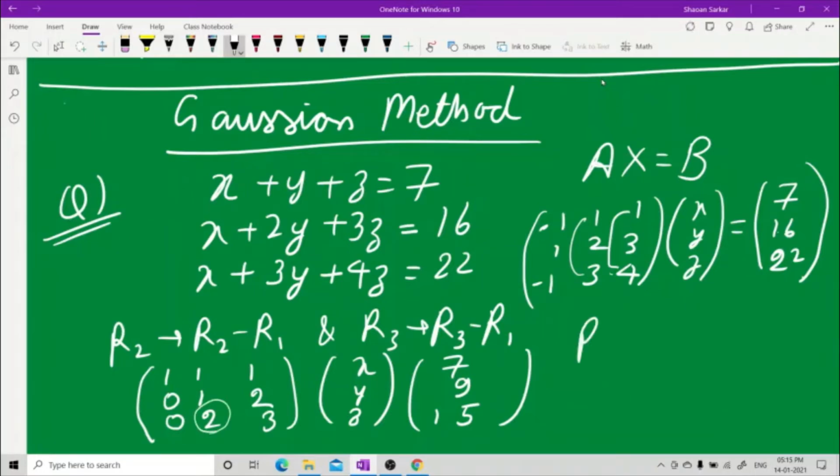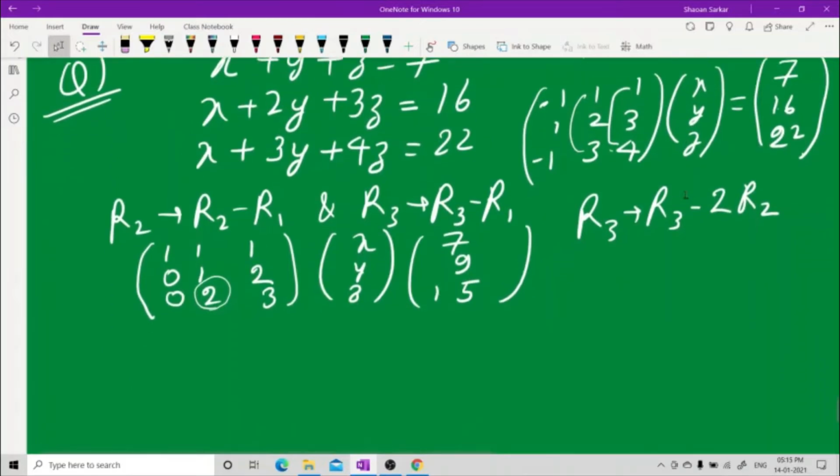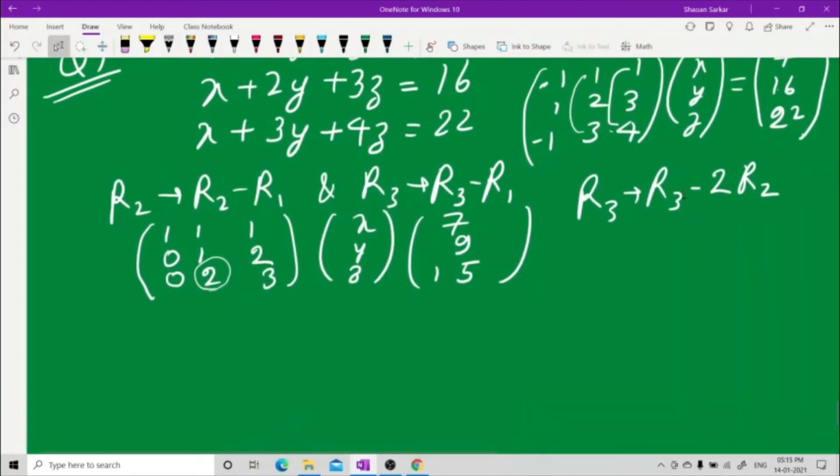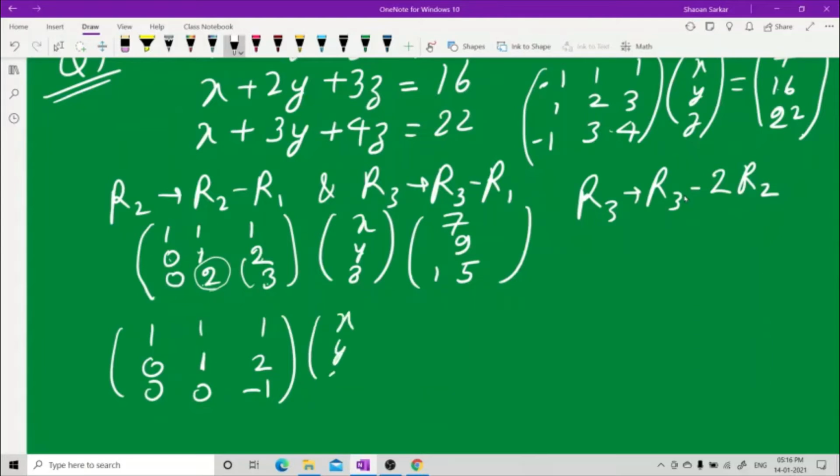Now I will have the operation R3 is R3 minus 2R2. So now you have 1, 1, 1, 0, 1, 2, and then 0 minus 0 is 0, 2 minus 2 is 0, 3 minus 4 is minus 1, and then this becomes x, y, and z.